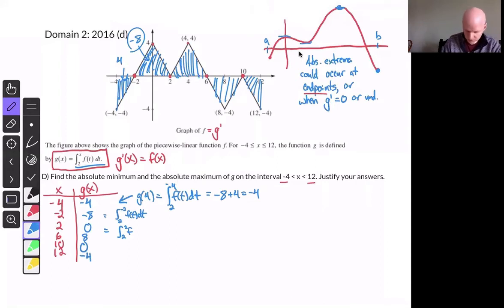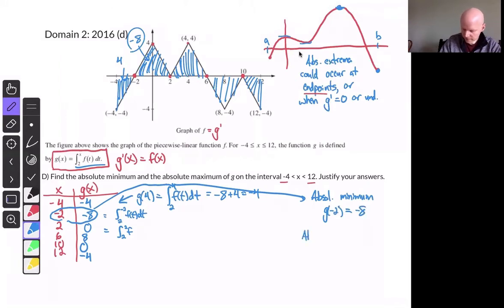So it looks like we have 2 pretty clear-cut absolute maxes and mins right here. Our -2, -8. This is going to be our absolute min, which is g of -2, which equals -8.